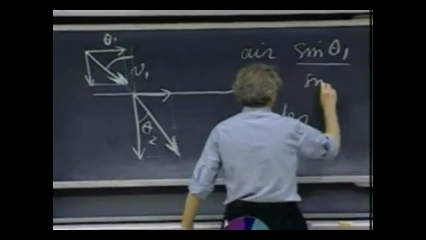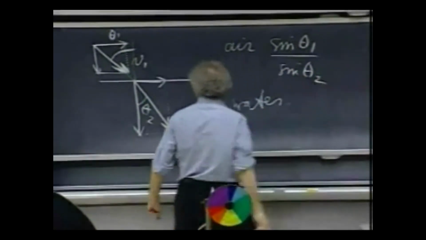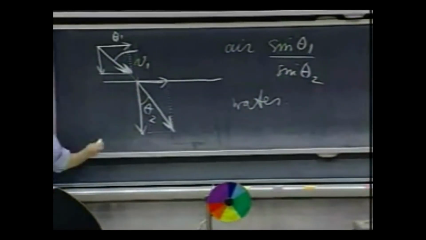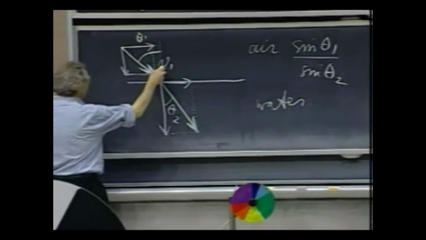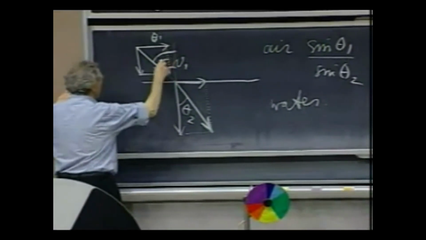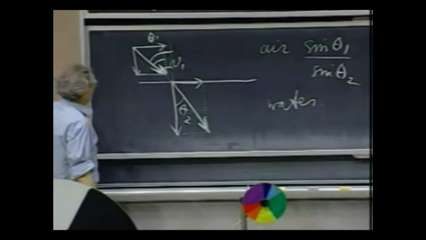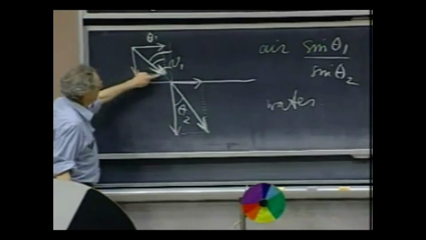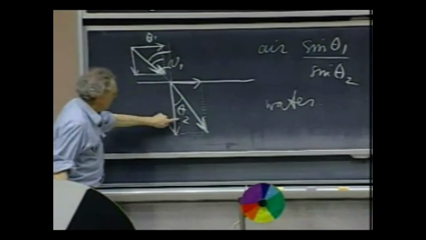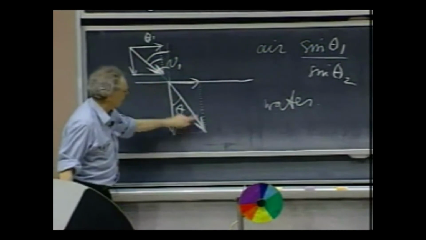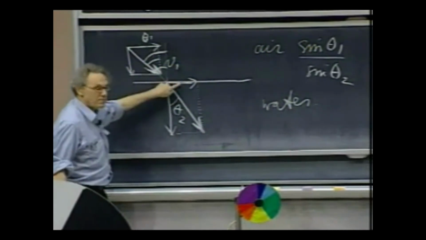The sine of theta 1, this angle is theta 1. So that's this velocity divided by this vector. And the sine of theta 2 is this velocity divided by this vector. But these two velocities are the same.